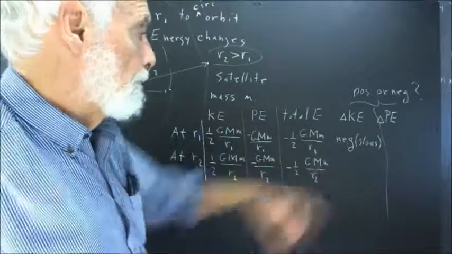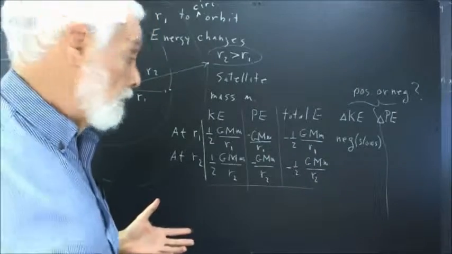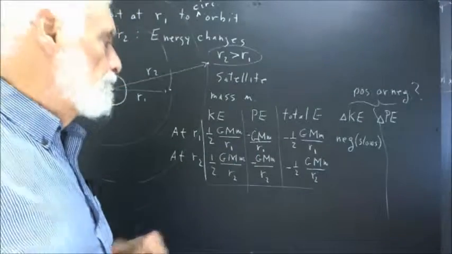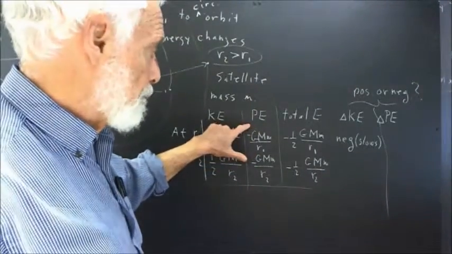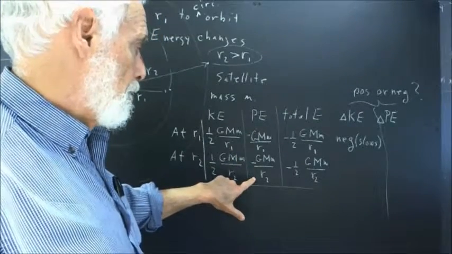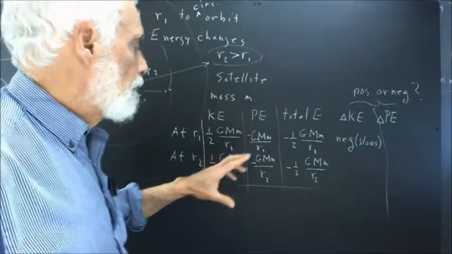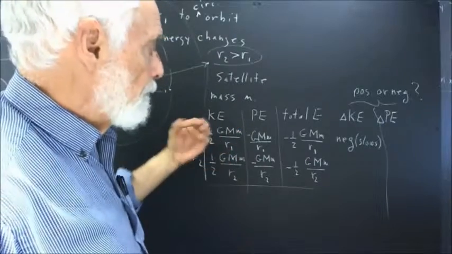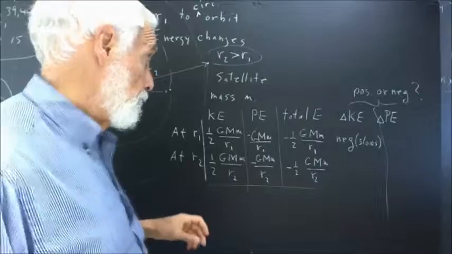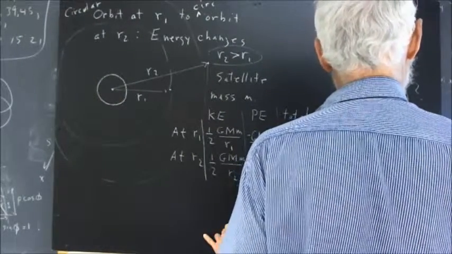Okay? What about the change in potential energy? Well, you've got to be a little bit careful. R2 is bigger than R1. So the magnitude of this potential energy is greater than the magnitude of this potential energy. But of course, this is negative and this is negative. The negative number of greater magnitude is less than the one of lesser magnitude. So the potential energy change is positive.